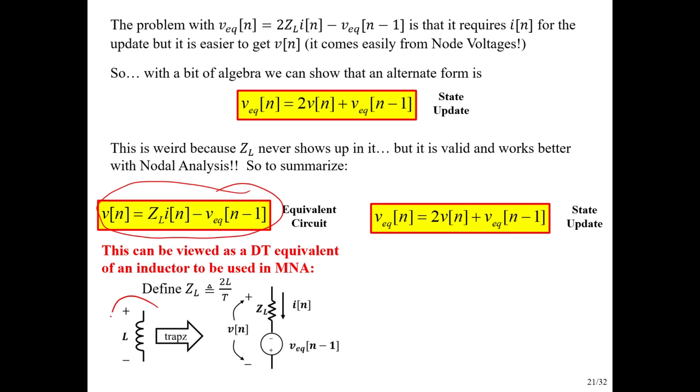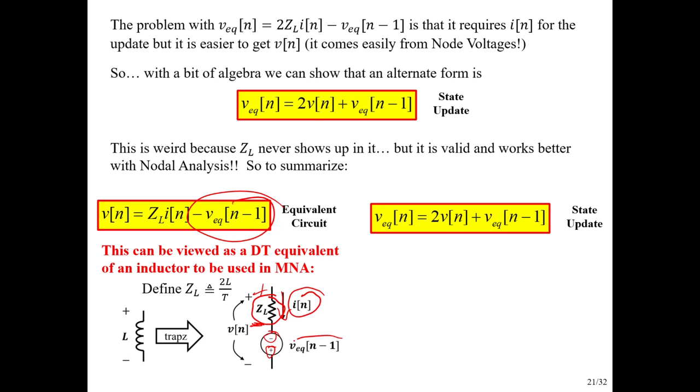So it says we replace this inductor by a KVL. So V of n is across the entire inductor. So the entire inductor is being replaced by this whole thing. So V of n is equal to, and here's the current through the inductor, the current times ZL, gives me plus minus voltage there, minus VEQ of n, right?